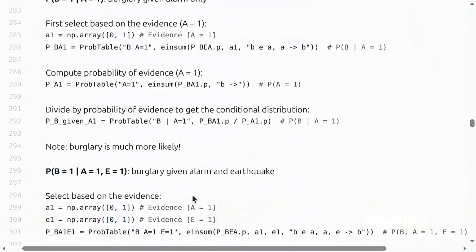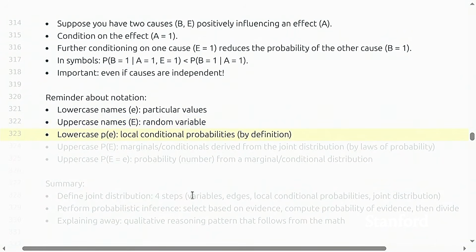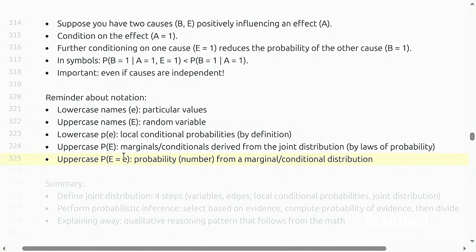And secondly, I'm using lowercase p to denote the local conditional probabilities, which are given by definition, and uppercase P to denote the marginals and conditionals, which are derived from the joint distribution by the laws of probability. So I already mentioned this. And furthermore, if I write P of E, that is the whole probability table. And if I write P of E equals a particular value, that is a probability, which is a number. Okay?